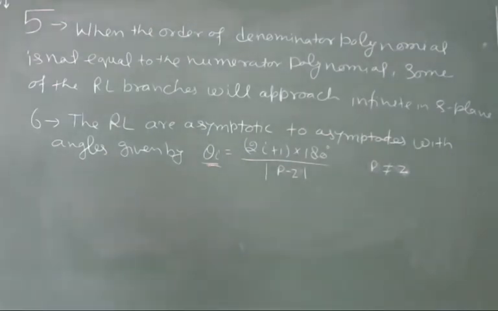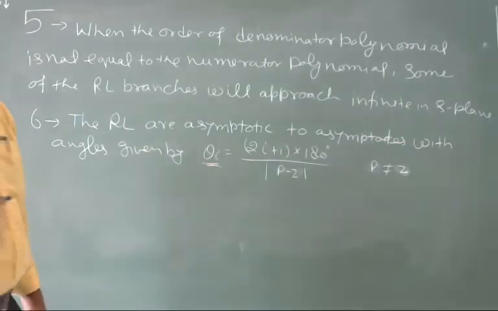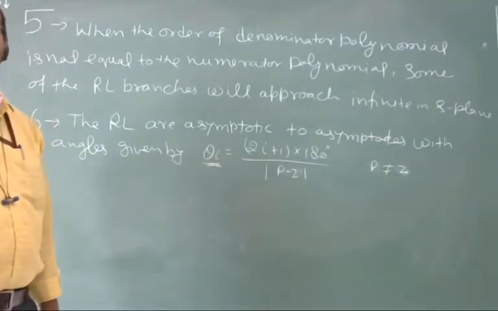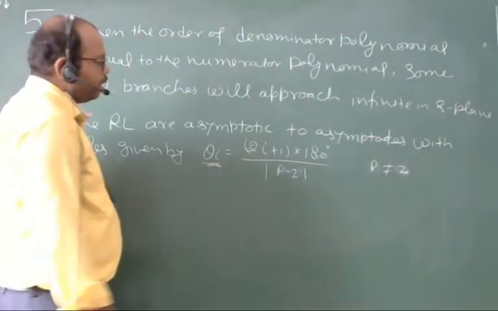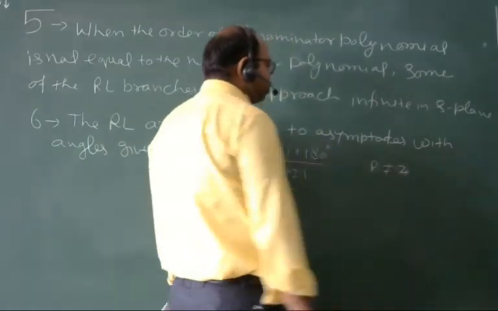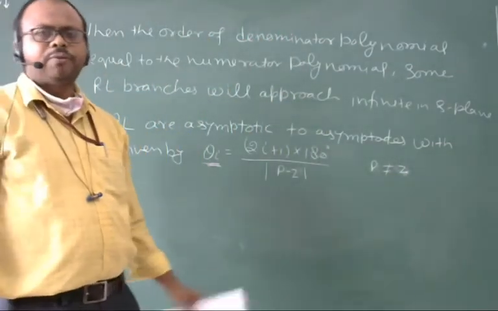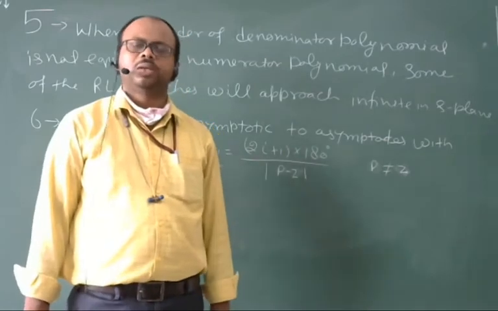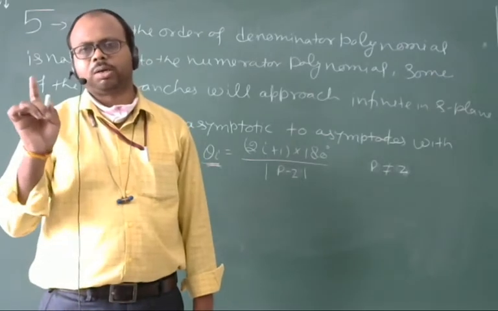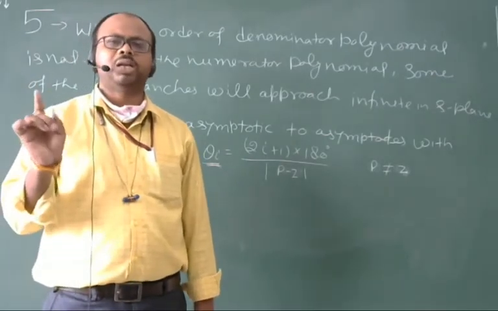Root locus will be asymptotic to these asymptotes, and the asymptotes will be drawn at a specified angle, which is angle of asymptotes theta I. And theta I can be calculated only when the number of poles and number of zeros are not equal. If number of poles is equal to number of zeros, then there will not be any asymptote.